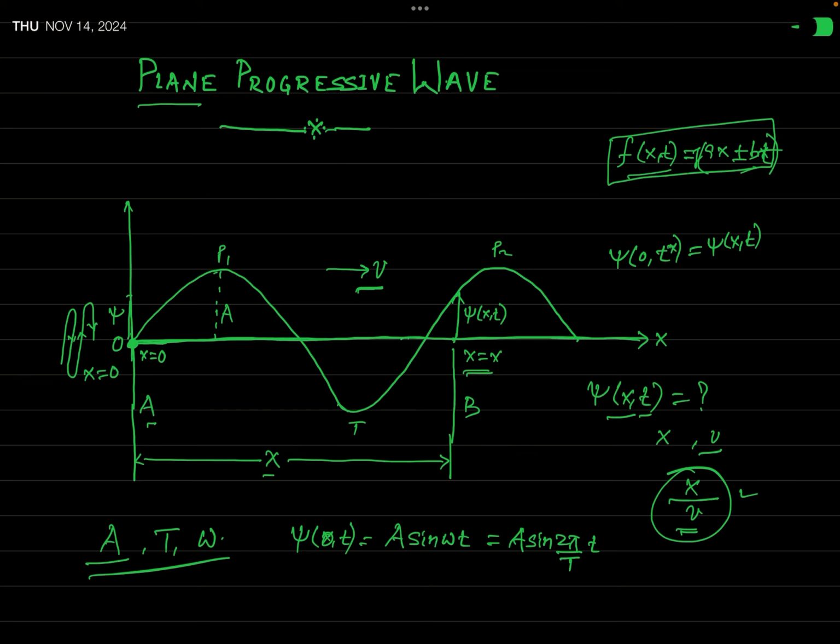So at x equal to 0, the disturbance was at a time t star, which will be equal to t minus x by v. Have you understood? The disturbance which is at time t at position x was created at a time t minus x by v at the position x equal to 0. So, the displacement of the particle at x equal to 0 and at time t star, and the displacement of the particle at x equal to x and time t, both will be equal.